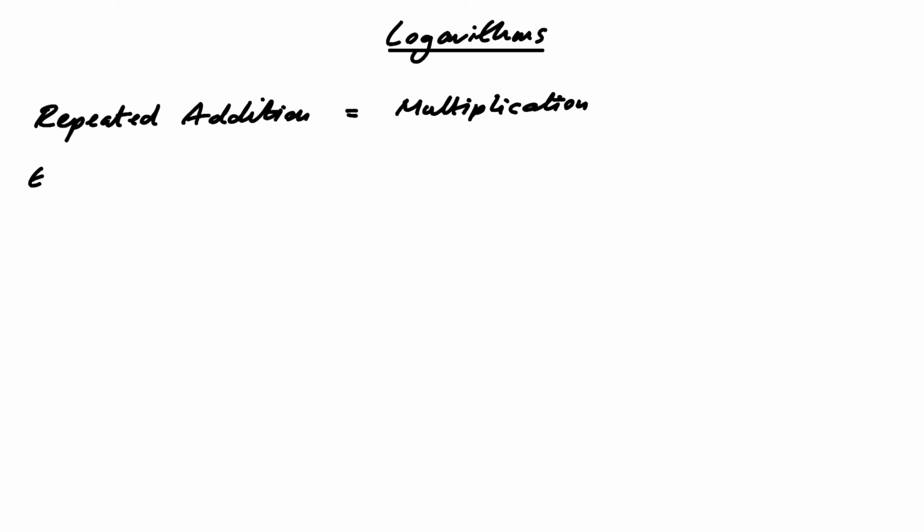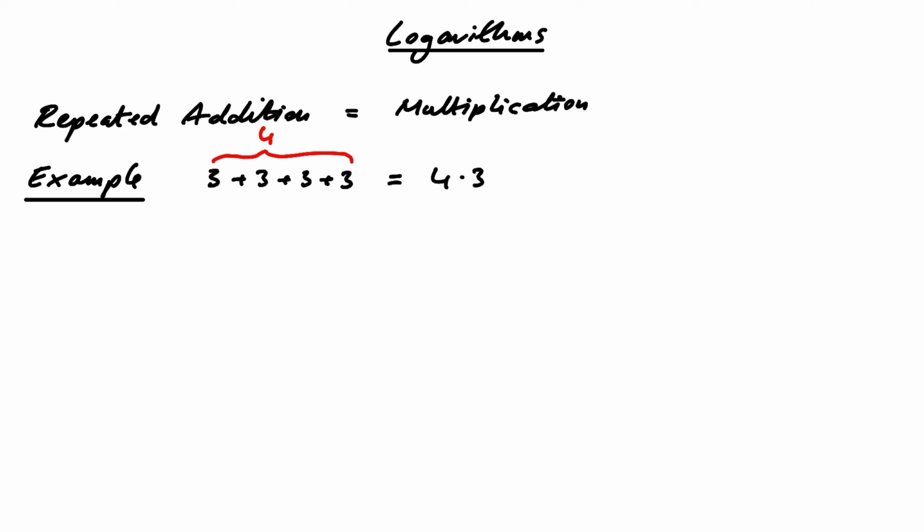As an example, if I was to take 3 and add it to itself 4 times, so 4 copies of this, we know this is equal to 4 times 3, basically by definition of multiplication. This is equal to 12.